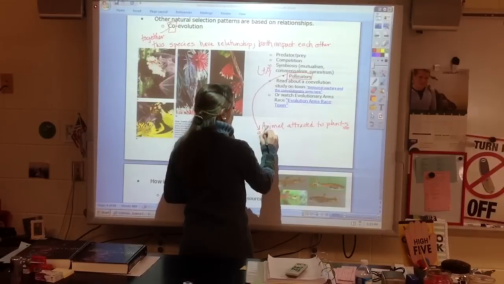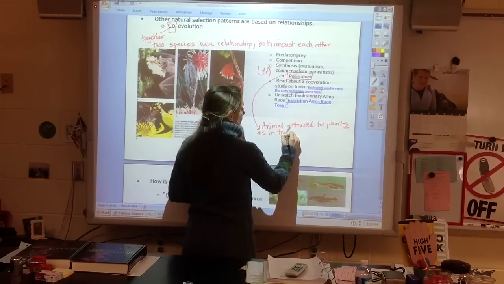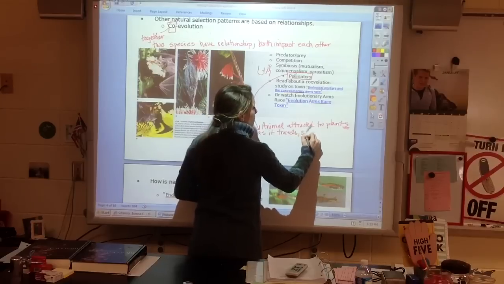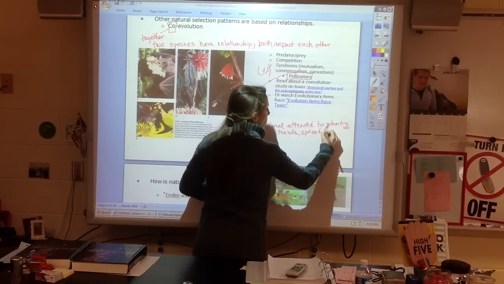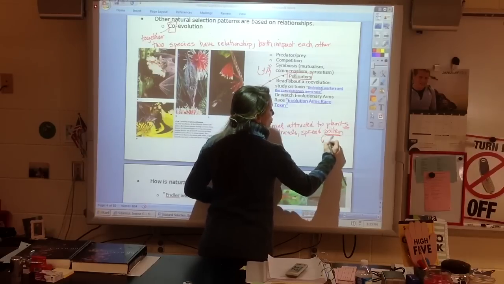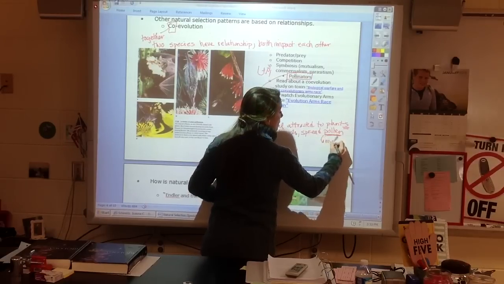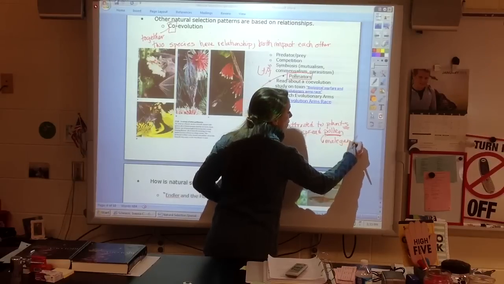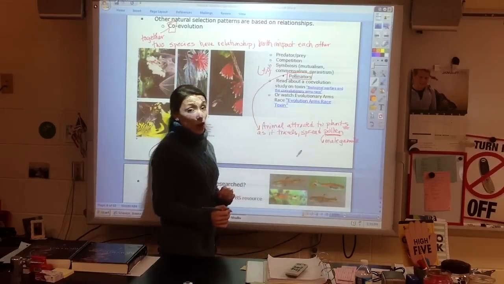And as it travels, it helps spread the pollen, and the pollen is actually the male gamete. Not sure if you knew this, but pollen is plant sperm.